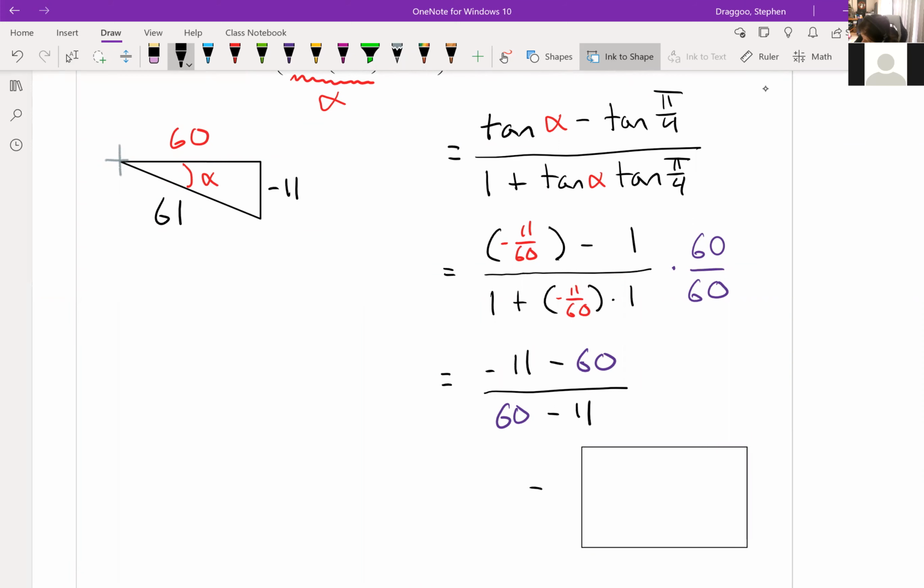Which in turn is equal to negative 71 divided by 49.